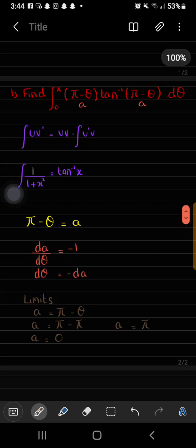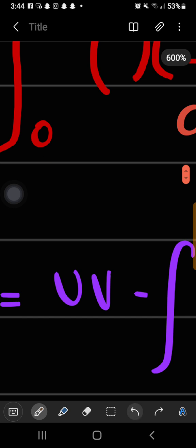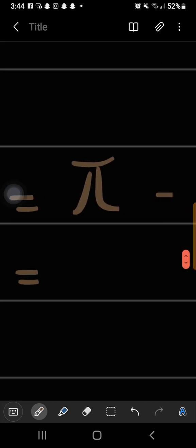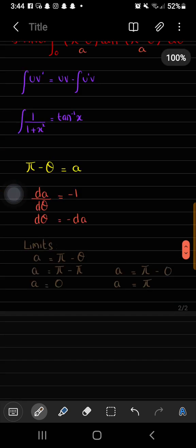Then the second limit is 0, so we will write 0 here, and we will see that a is equal to pi. So that's a coincidence that our limits didn't change. We again get those limits the same, pi and 0.